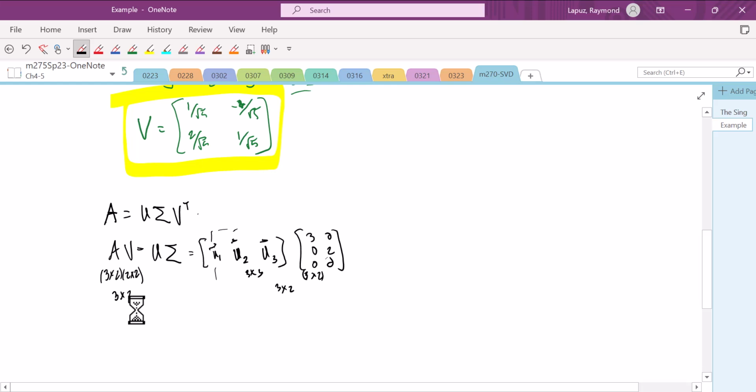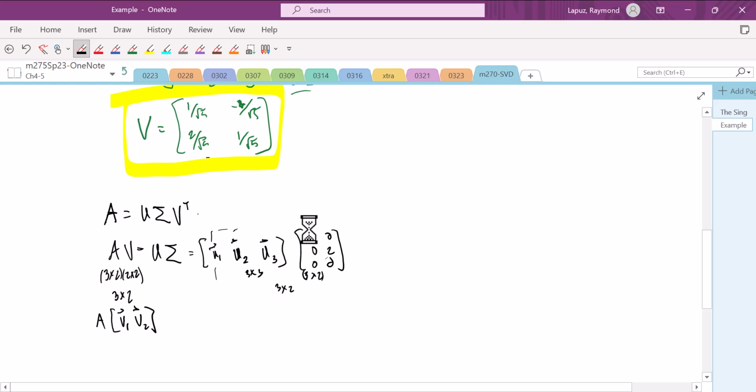So if we take a look at this, the number of columns here is going to be 2, and the matrix multiplication of this is going to be multiplying A times the columns of V, so that's V1 and V2, which we already have over here. And so when we're trying to identify U1, U2, and U3, at least the first 2 columns would be obtained by dividing out by this sigma.